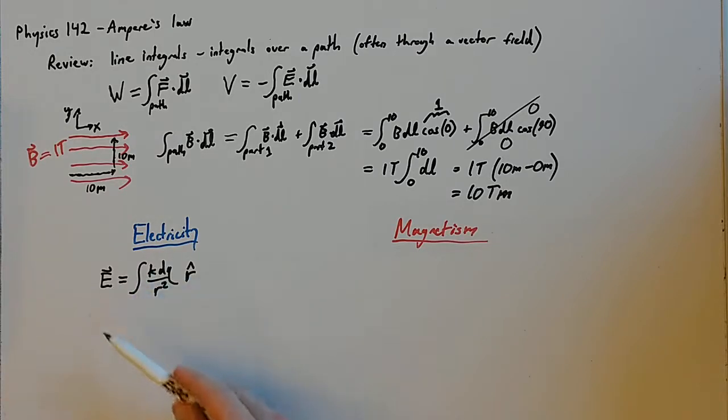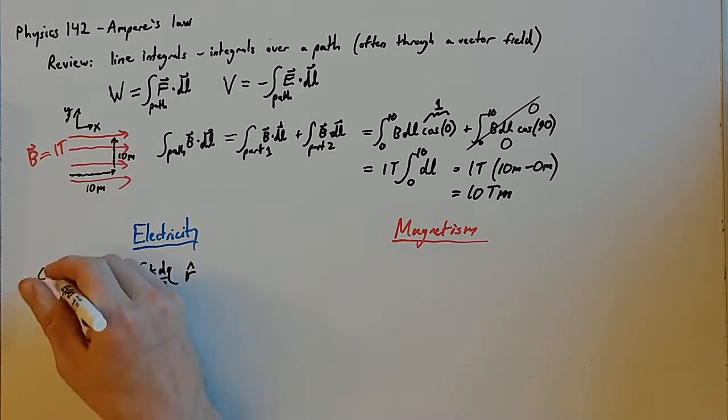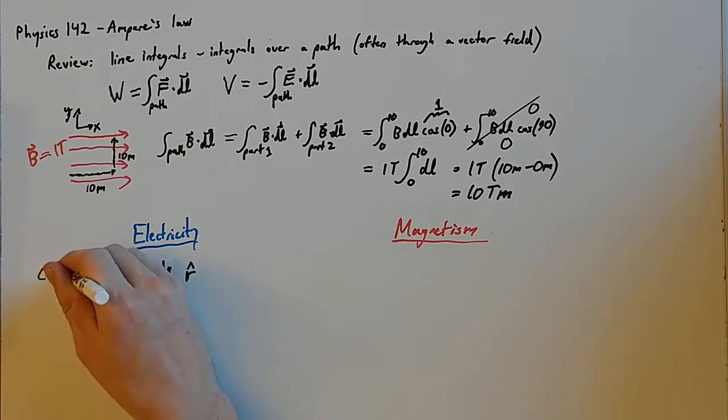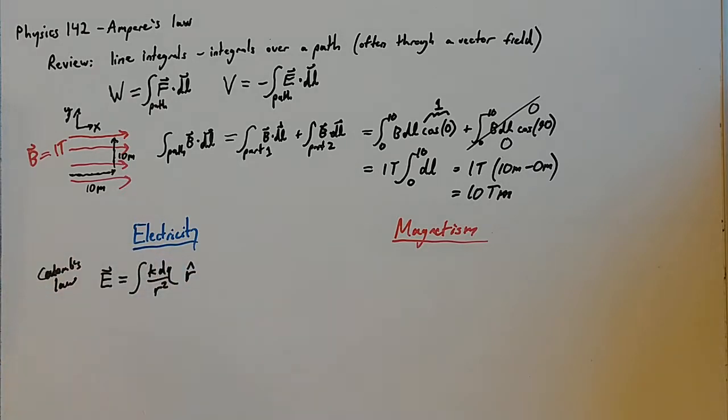And we gave it a name, we called it Coulomb's law. I'll just note that here on the side. Let's call this Coulomb's law. My spelling here, can't remember how to do all this. There we go, C-O-U-L-O-M-B-S. Coulomb's law.